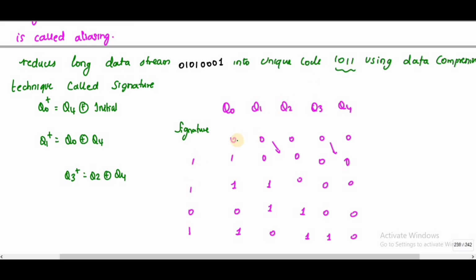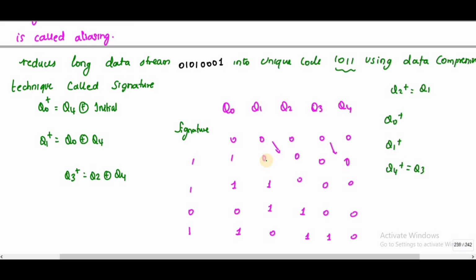So the initial state is 00000, and if I substitute, we already know the formula, right? What is q0+ and q1+ and q4+, right? So this is my formula. So q4+ is nothing but q3, and q2+ is nothing but q1.